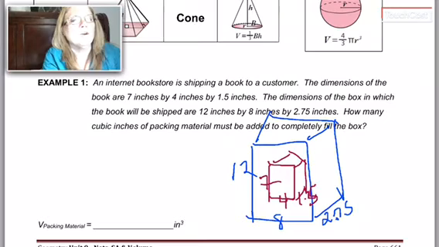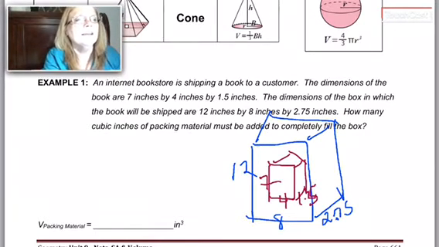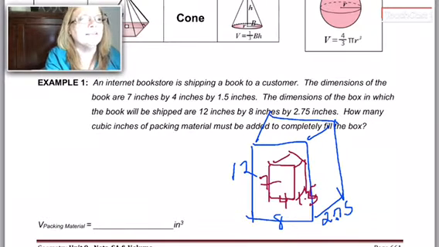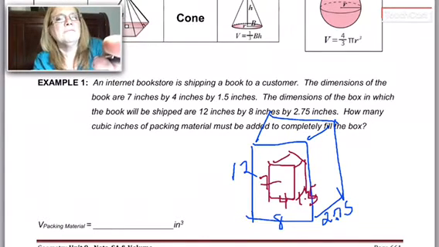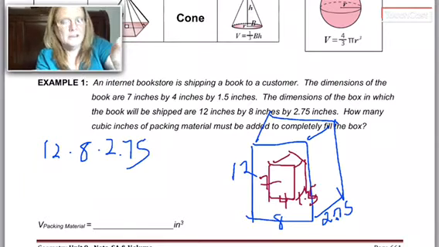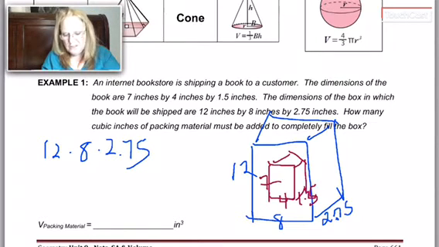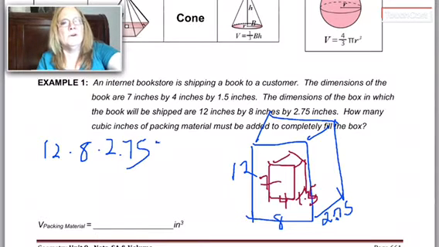So let's start with the larger one, and we can just multiply length times width times height since the area of the base is a rectangle, and then we're just going to multiply by the height. So I'm going to multiply 12 times 8 times 2.75. Okay, so 12 times 8 times 2.75 is 264.